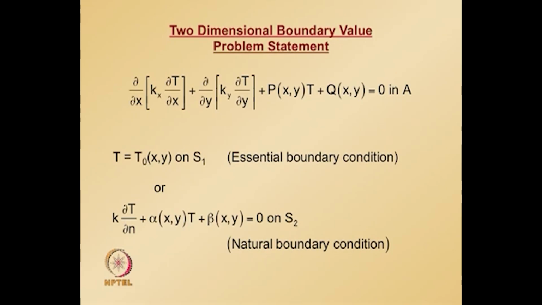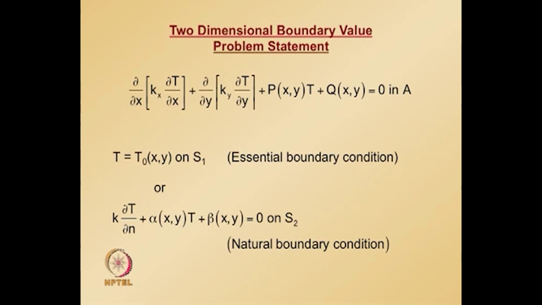So this is the second order differential equation for a two dimensional boundary value problem, and this needs to be solved over an arbitrarily defined area A bounded by surface S. The part of the surface on which the essential boundary condition is specified is denoted S1, and the part of the boundary on which the natural boundary condition is specified is denoted S2.